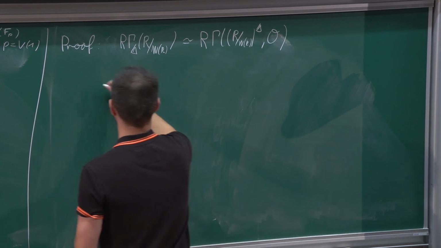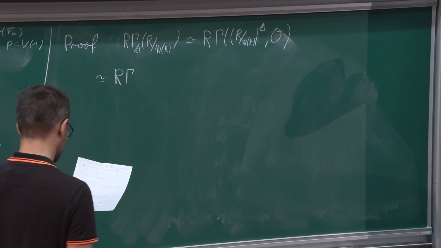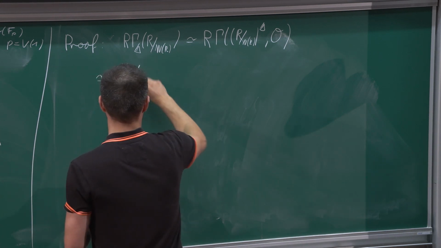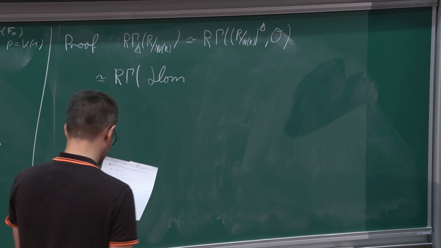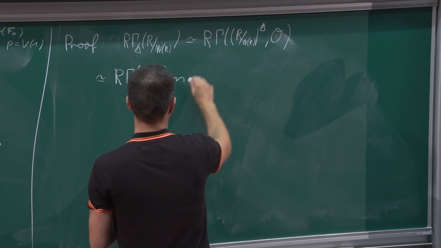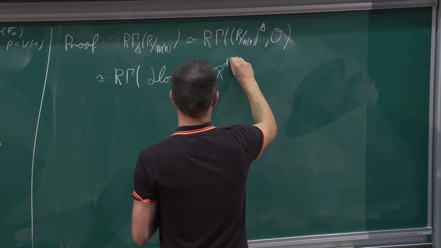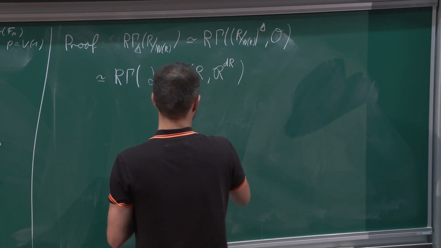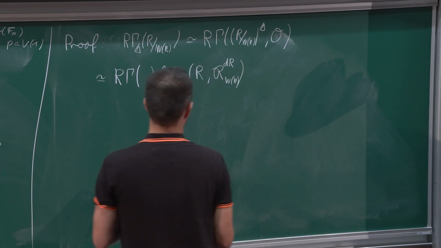And so now I plug in the definition. I take, let's say, RΓ of Hom of R to R_dR, base changed to W(K).